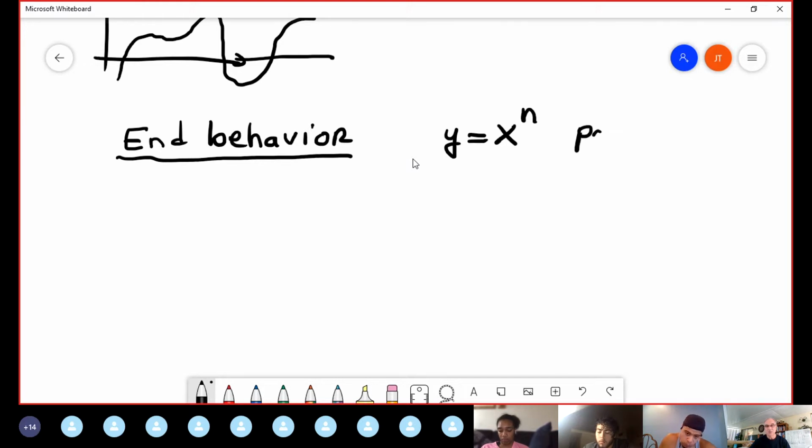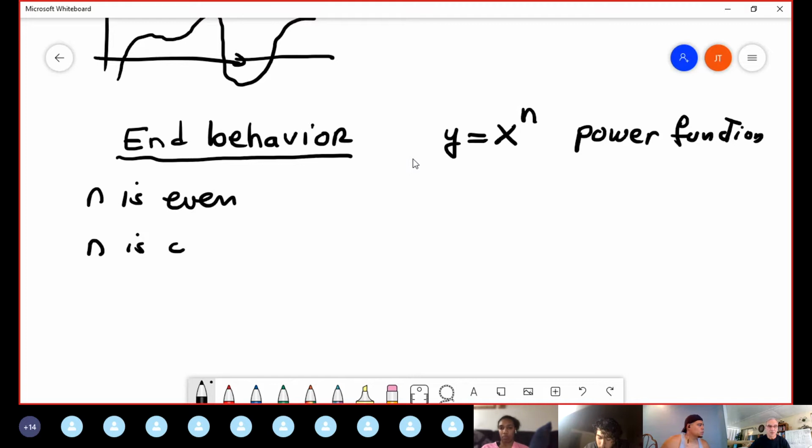This is the power function, a monomial. Depending on whether n is an even number or an odd number, the function is an even function or an odd function.